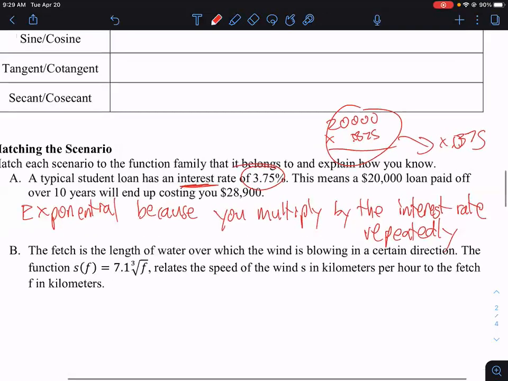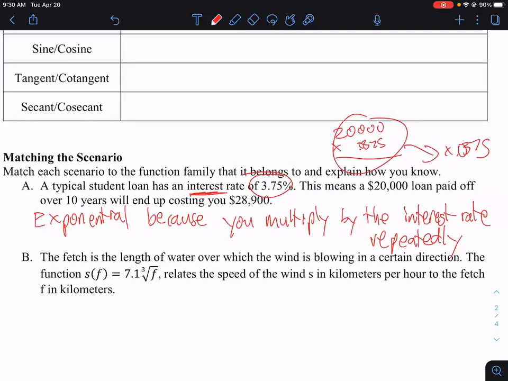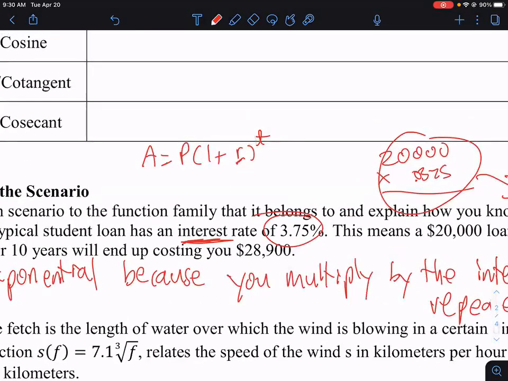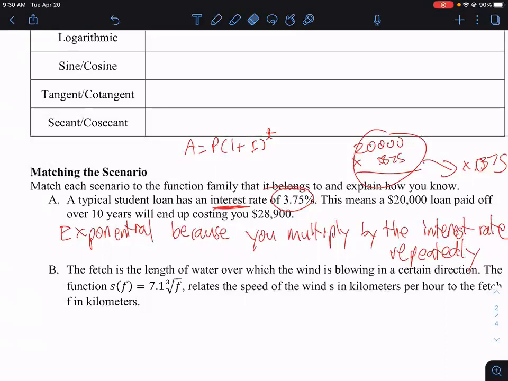Okay, so for this one, we actually do have enough information to represent it, right? You may recall the formula. Right, so you may remember it was r over n and nt when we did it in Unit 4, but here we're just going to do compounded annually. Right, so the P, the principal, 1 plus the interest rate, but you have to convert it from percent form to decimal form.